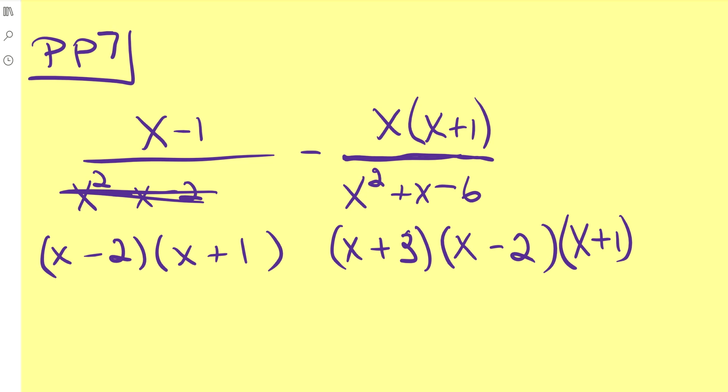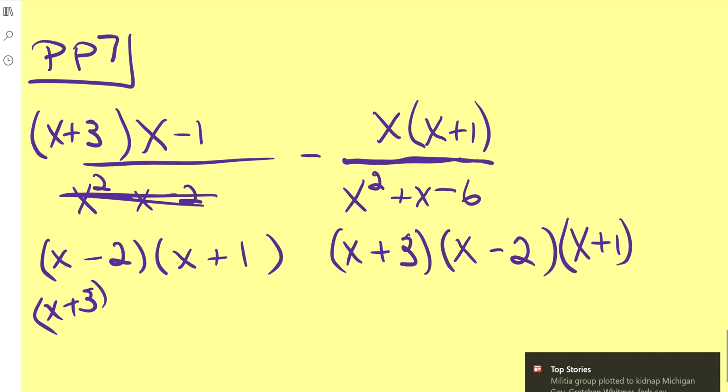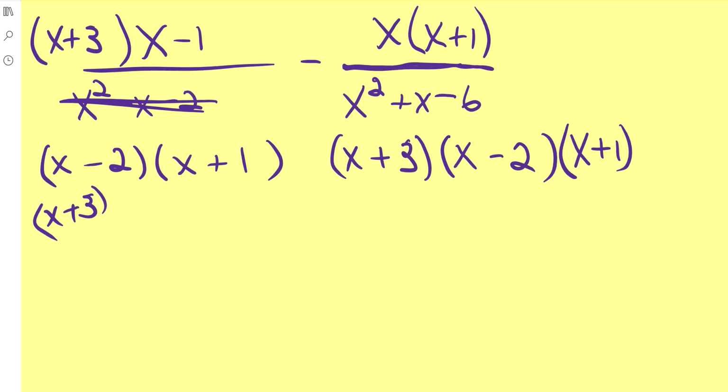So I've got to multiply top and bottom by x plus 3. And this one, I'll just shove it here, x plus 3. I know my denominators are the same now. Let's go ahead and take care of our numerators.